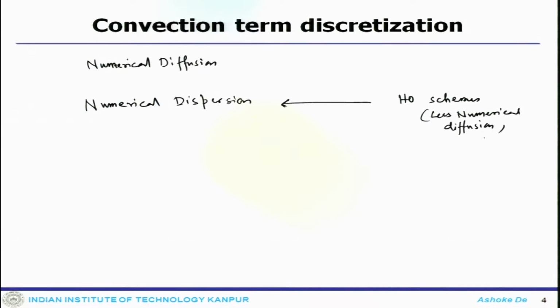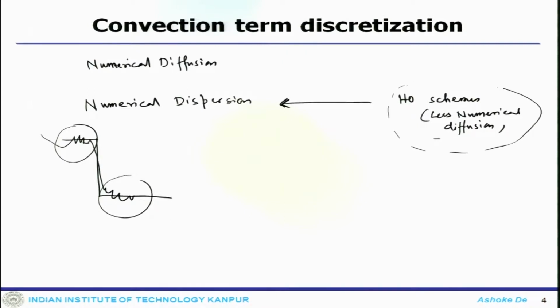but due to dispersion, wherever there is a sharp gradient, like we have seen, the solution becomes some sort of an oscillatory nature. So, this is a problem of the dispersion error which will arise primarily in second order upwind, QUICK, and all the CD schemes, because their spatial accuracy is higher.